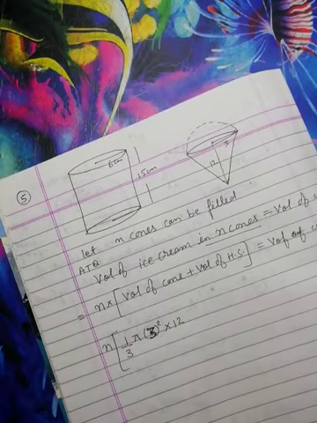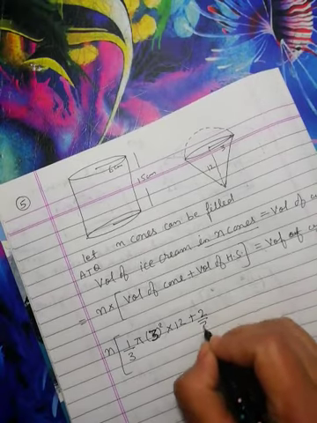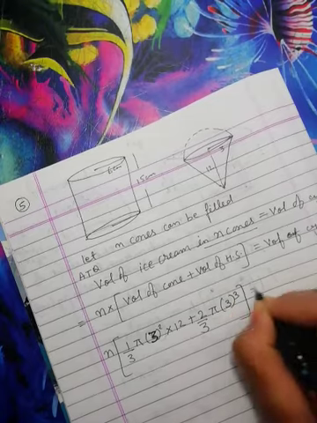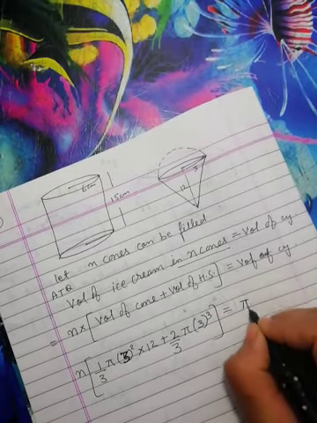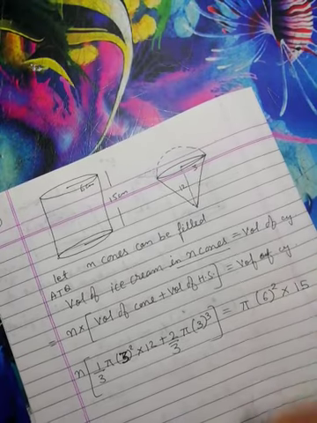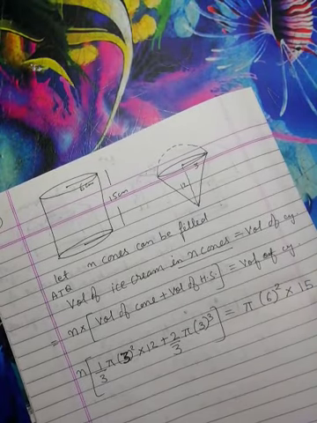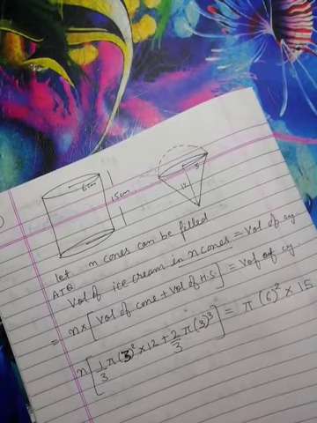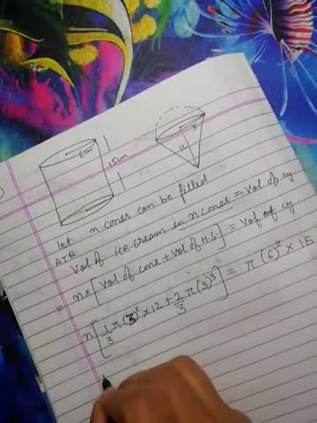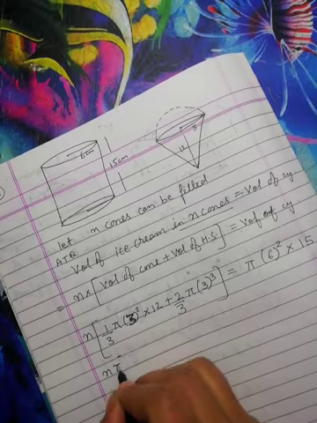Plus volume of hemisphere is 2/3 pi r cube, that is 3 cube, is equal to volume of cylinder, that is pi r square h, 6 square into 15. Now you can see throughout we can take pi common and cancel. यहाँ भी pi है, यहाँ भी pi है, तो पहला काम हम pi को cancel कर देते हैं. ठीक है. This is n times pi.